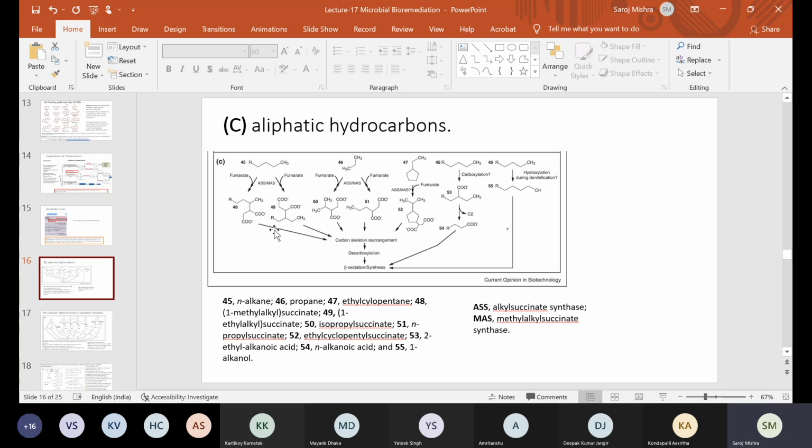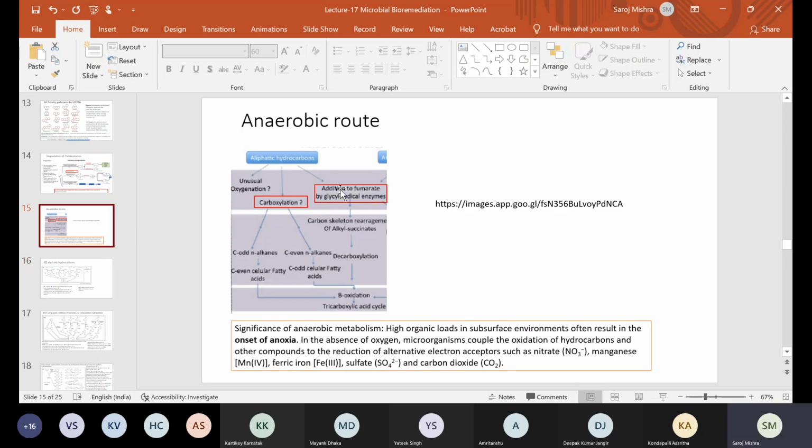Like I explained in the last slide, we can have addition of fumarate here. In this slide, you can either have addition of fumarate by these glycyl radical enzymes, or you can have carboxylation, that is, addition of carbon dioxide. Remember that this is an environment where molecular oxygen doesn't exist, but CO2 or fumaric acid abundantly exists even in the anaerobic environment.